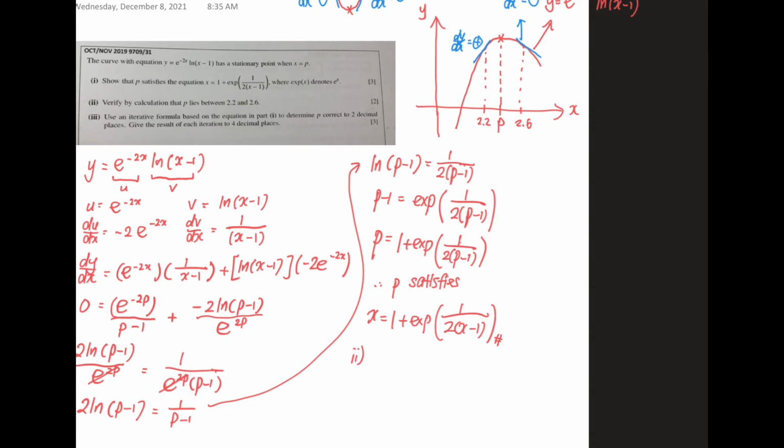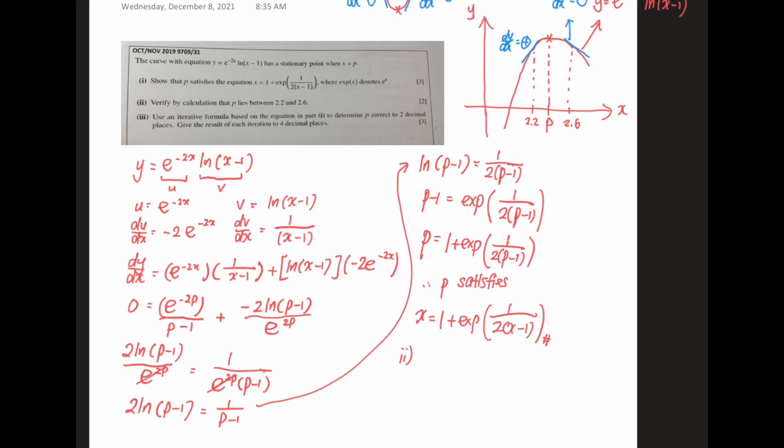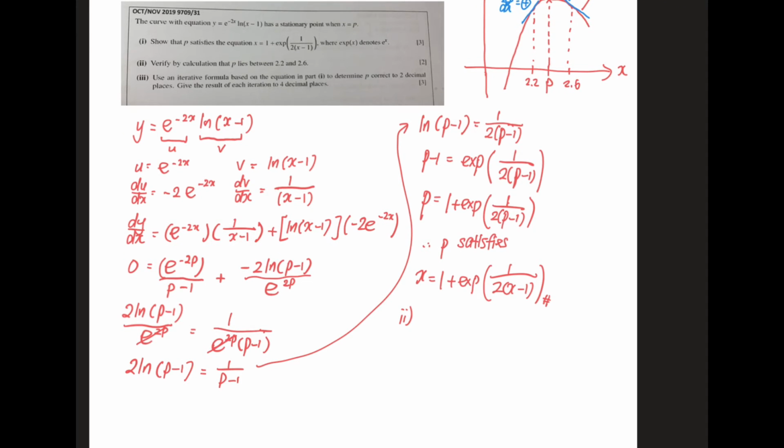Part 2, we substitute 2.2 and 2.6 into dy/dx. So this is our dy/dx, but this form is not simplified yet. So I'm going to use this form, where I have simplified already. I put 2.6 into each of the x here.